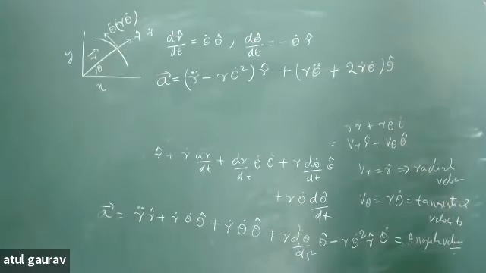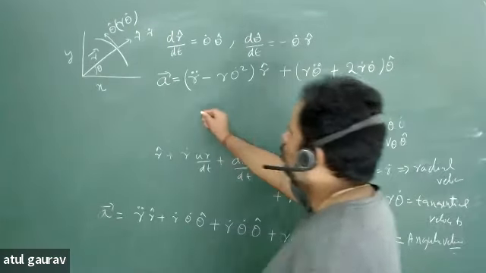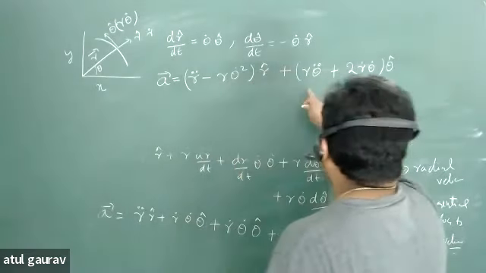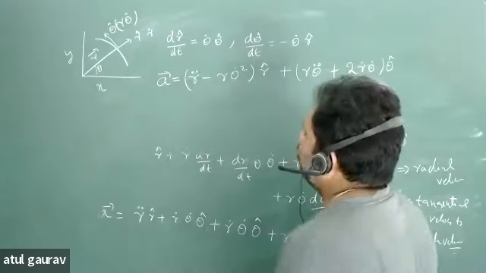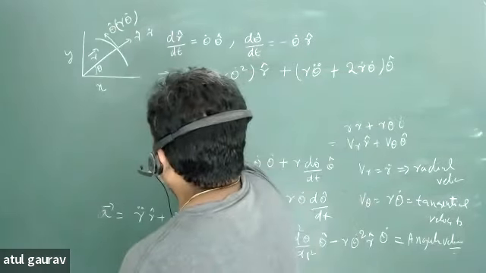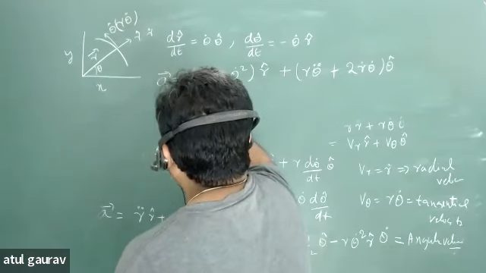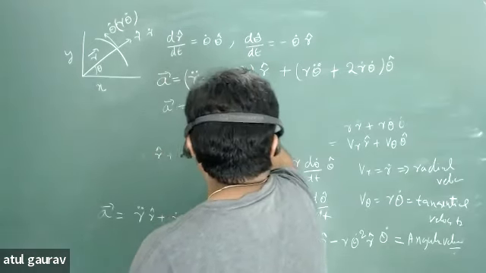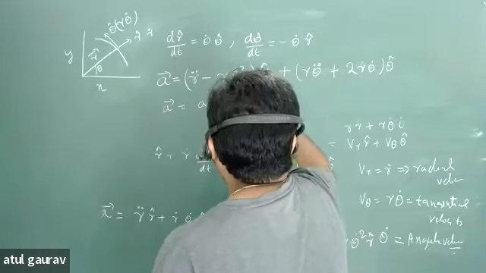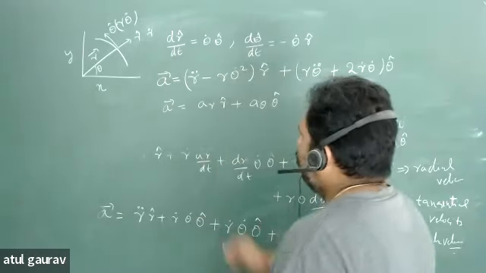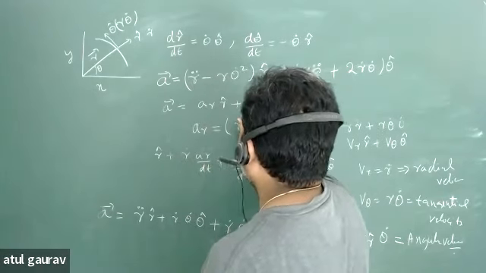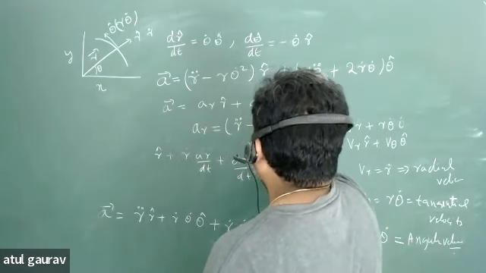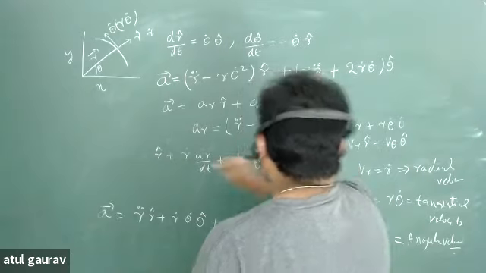And now you have two directions of acceleration. One is in the radial direction. So A is written as AR r cap plus A theta theta cap. And now look at what your AR is. AR is equal to r double dot minus r theta dot square.